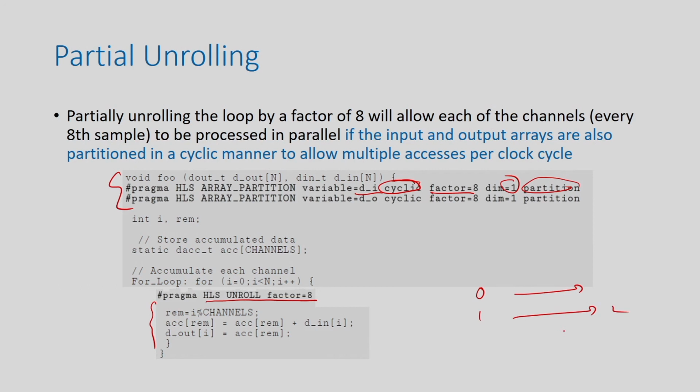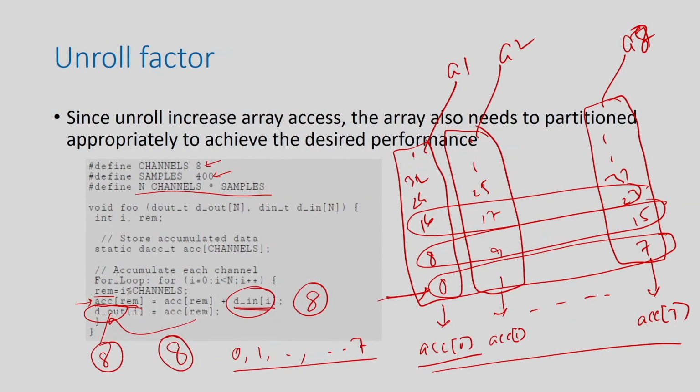So, this is what I am trying to emphasize: your unroll factor allows each channel to process in parallel, 8 channels, every 8 samples, only if the input and output arrays are also partitioned in a cyclic manner to allow multiple accesses per clock cycle. Whatever I just explained, the same thing has to be done for D out as well, because D out is also going to be accessed 8 times in one iteration.